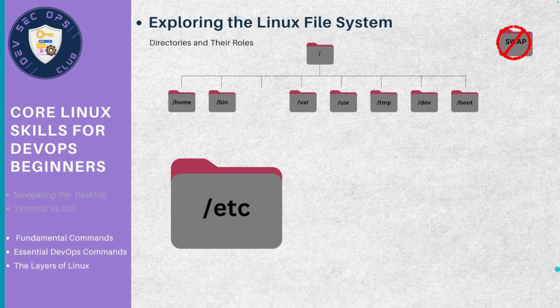Apart from that, some network configuration, password related information, user related information, group related information, everything will go under slash etc. So why do you need to know about this slash etc? As I said, when you install some applications or web servers, or for example Docker, if you want to find where the configuration is, you go there by default.